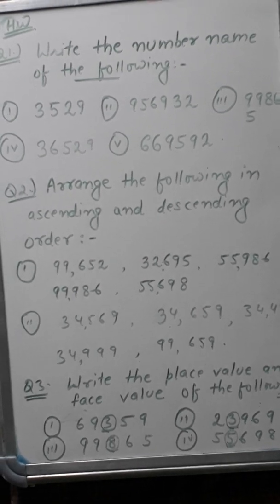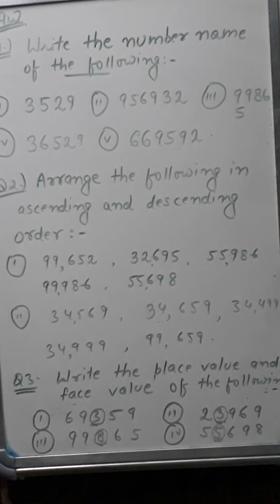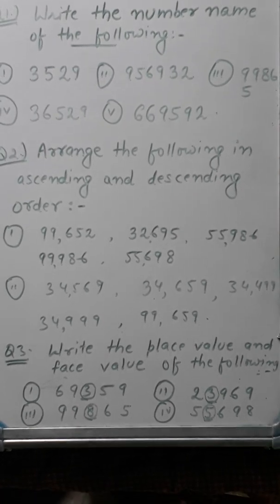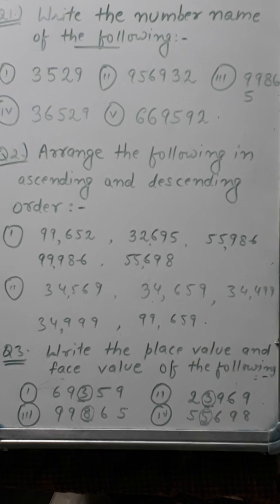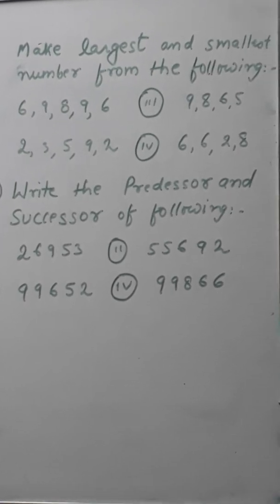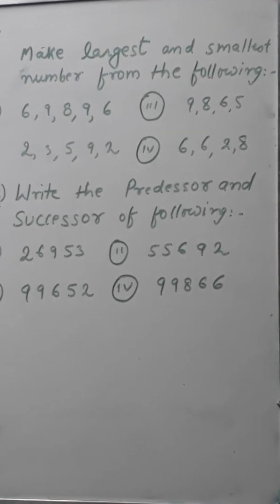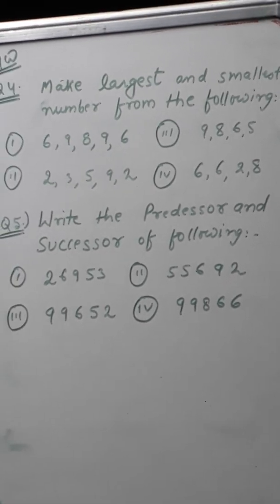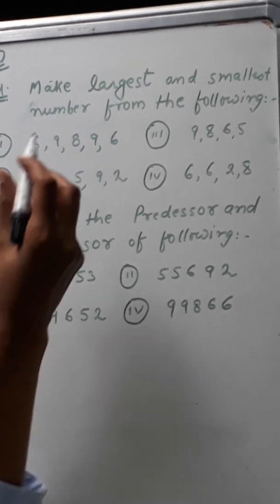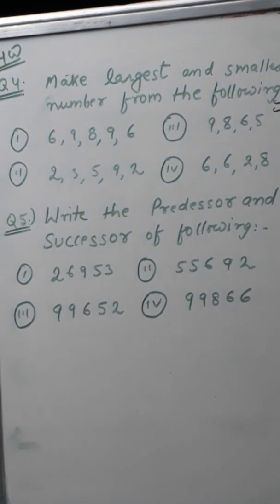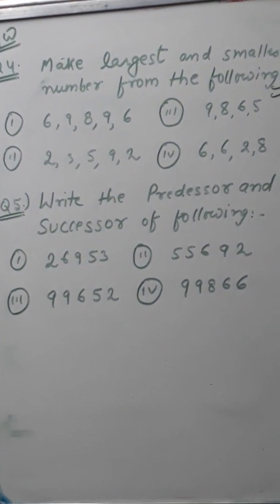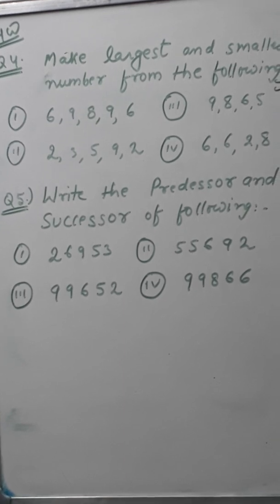The second is arrange the following in ascending and descending order. Write the place value and the face value of the following. Your fourth question is make the largest and smallest number from the following. Write the predecessor and successor of the following.